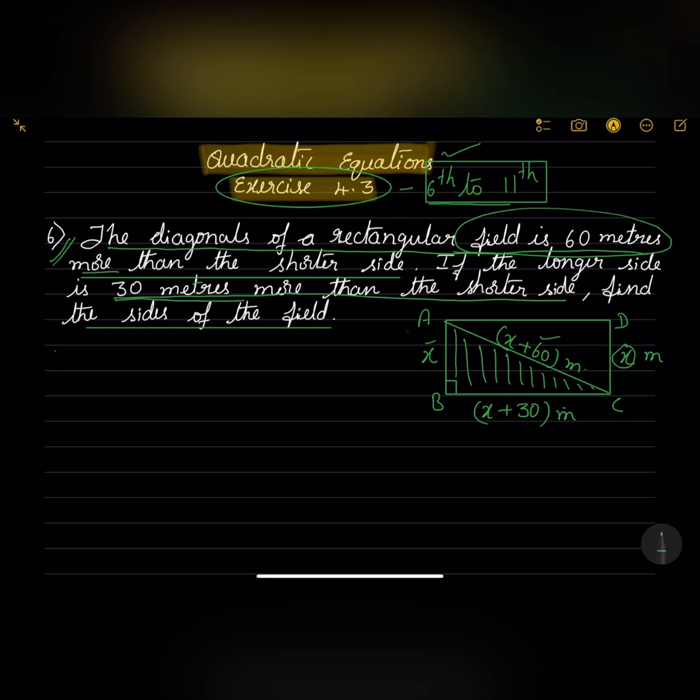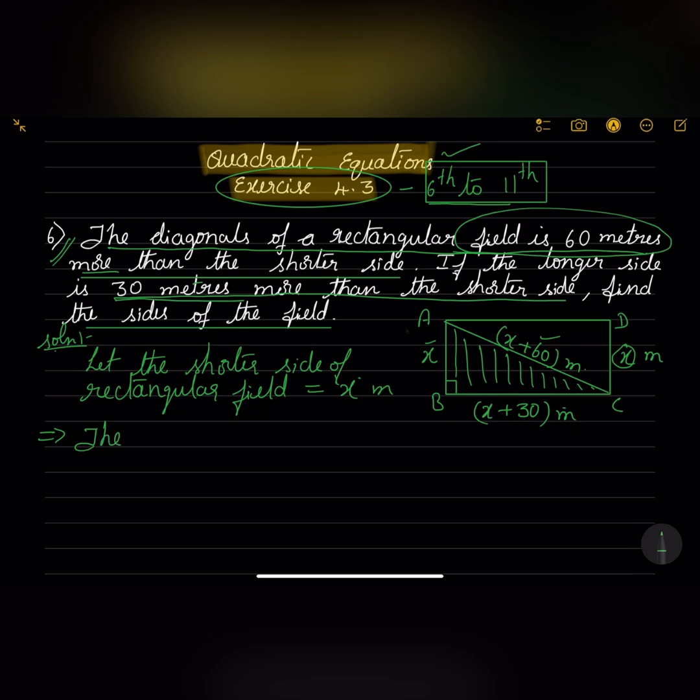Let the shorter side of the rectangular field be x meters. Then what happens?